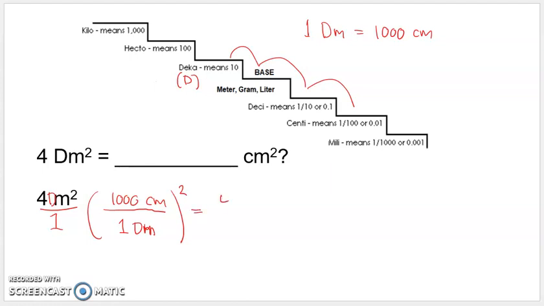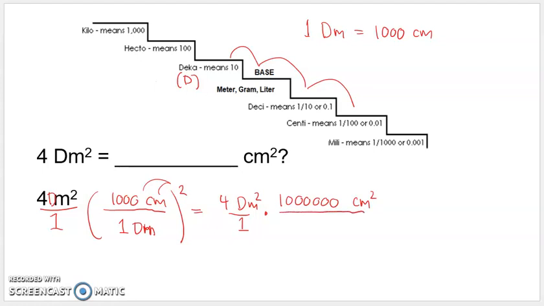So that's going to be 4 decameters squared over 1 times, just square everything in there. 1,000 squared, 1,000 times 1,000, which is 1,000,000 centimeters squared. I square everything in this conversion factor.